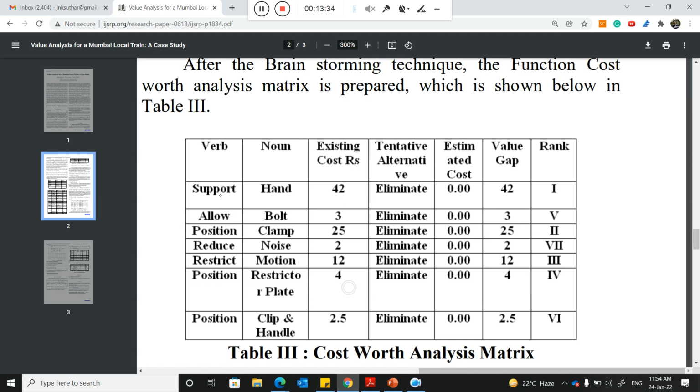So the existing cost of each component is given here, and in the tentative alternative you can eliminate all of this. If you use another type of product, then you can easily eliminate. That is the suggestion given by the experts. Okay, so that is the estimated cost. Now the value gap you can identify easily, and this is the rank of that particular thing.